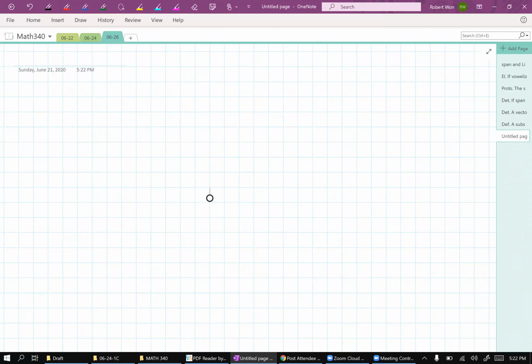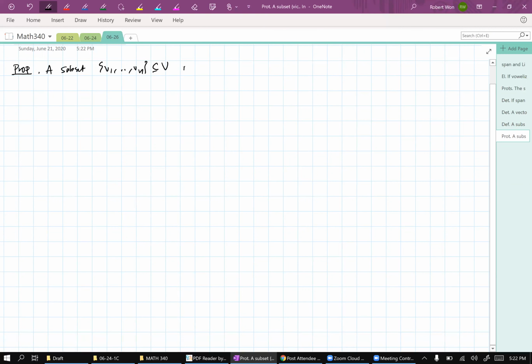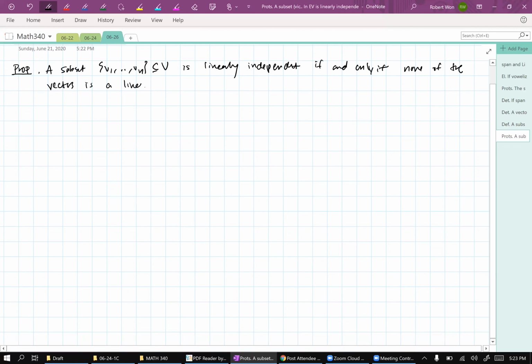Okay, so first proposition about linear dependence or linear independence. A subset V1 up through Vn of V is linearly independent if and only if none of the vectors is a linear combination of the others.